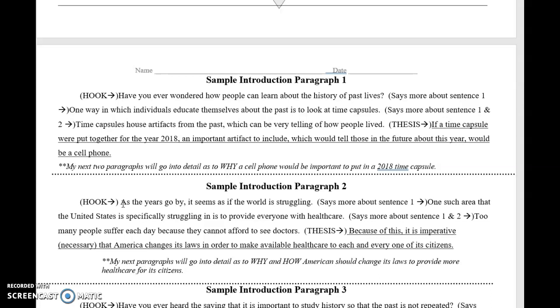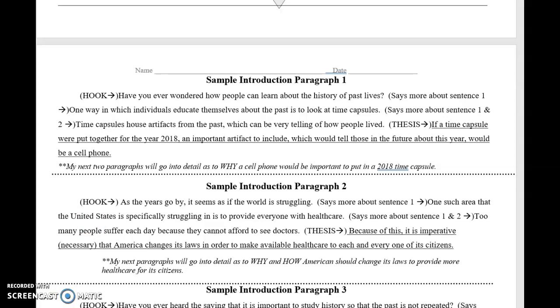So that's more narrow, more specific: the U.S. is struggling with healthcare. And then the fourth sentence is their thesis. Because of this, it is imperative that America changes its laws in order to make available healthcare to each and every one of its citizens. The next paragraphs will describe why and how America should change its laws.